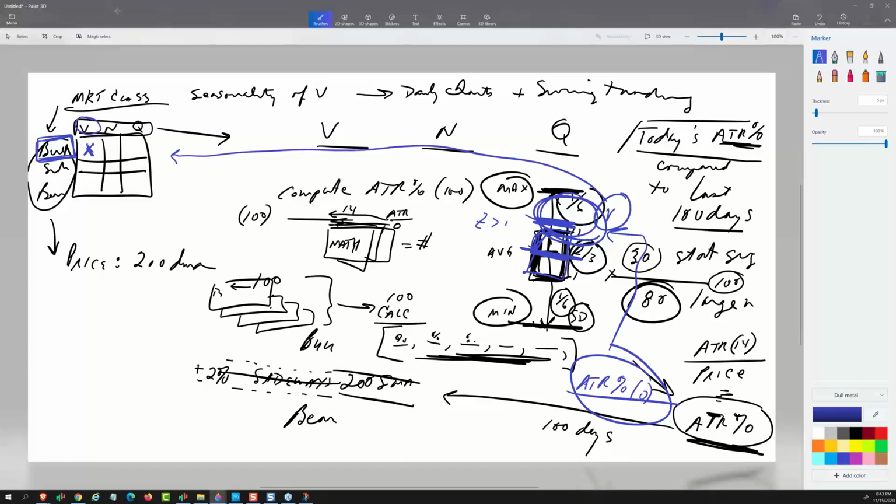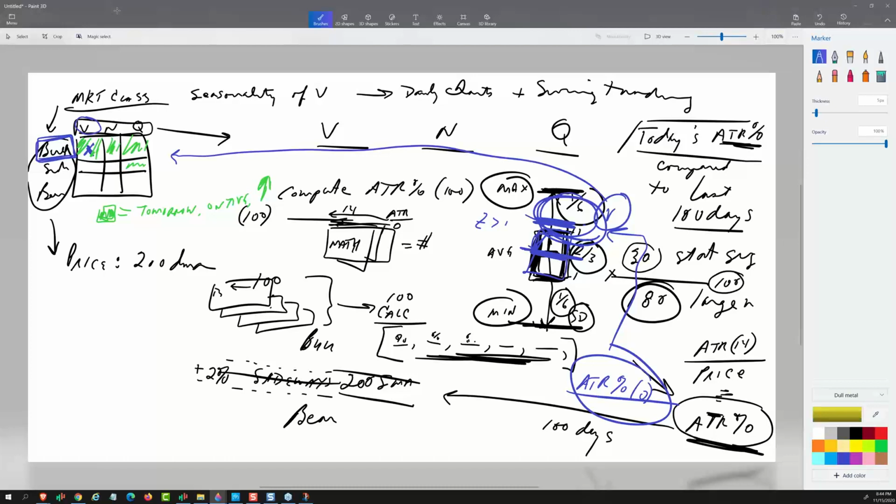Now, what we know from our studies of S&P volatility is that when today is bullish volatile, or normal, or quiet, or sideways quiet, so when it's in one of those 4 categories, tomorrow, on average, was up.